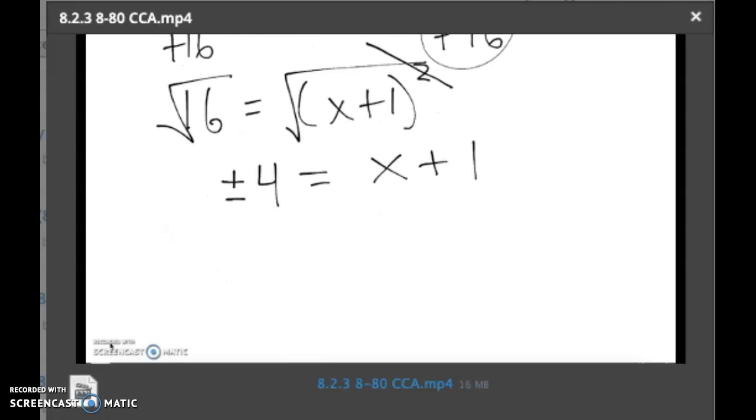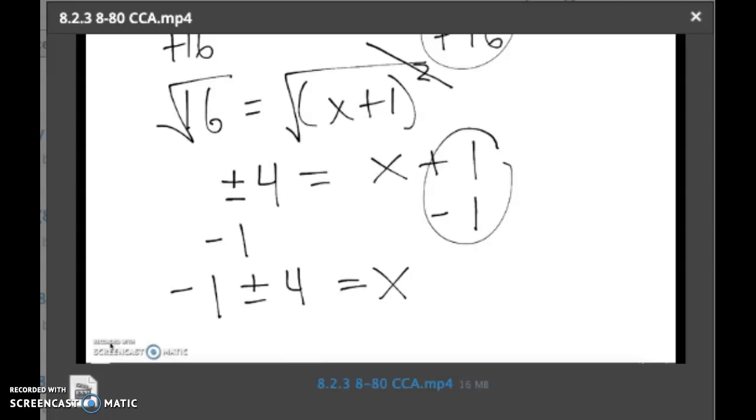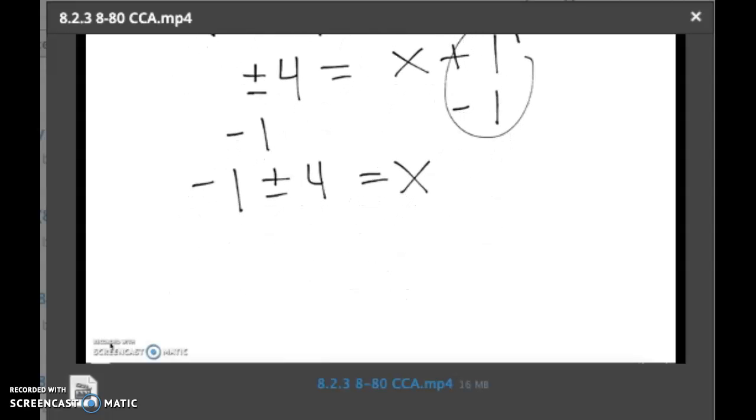Then I'm going to keep solving. I need my x alone, so I'm going to subtract 1 from both sides. Now on the left I have negative 1 plus or minus 4 equal to x. I'm going to break that up so we can see the two things happening.